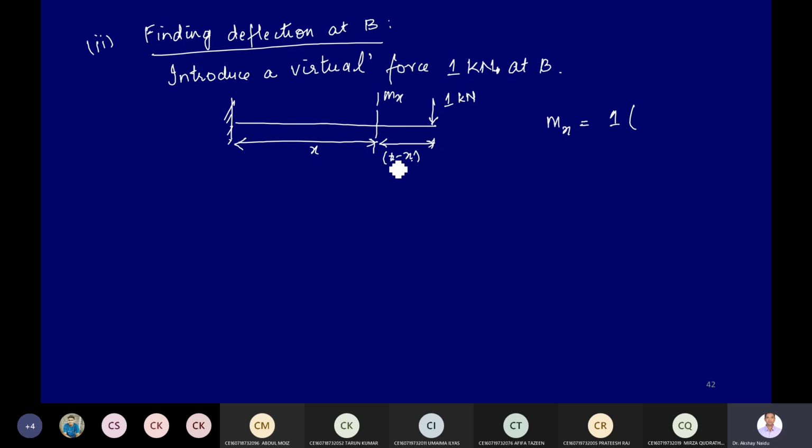L is 3, so 1 times 3 minus x with a negative sign.